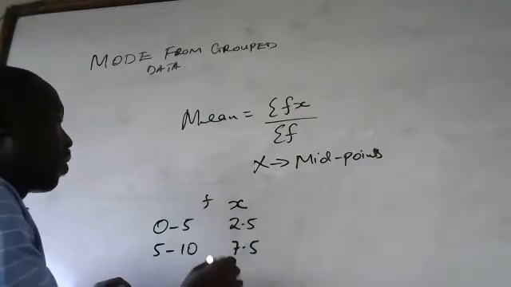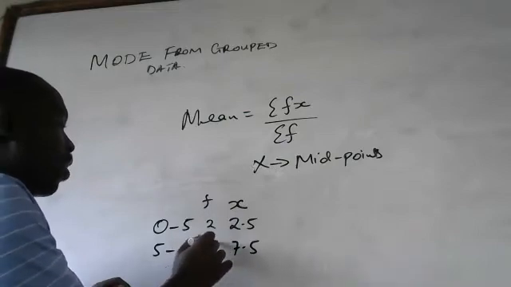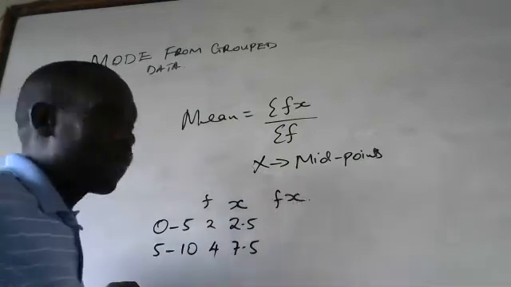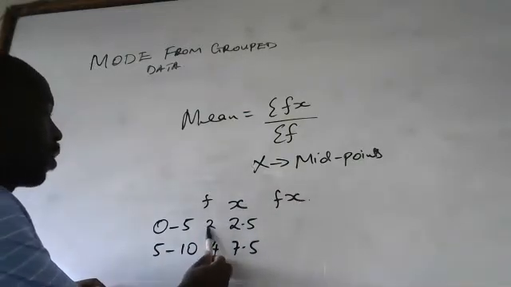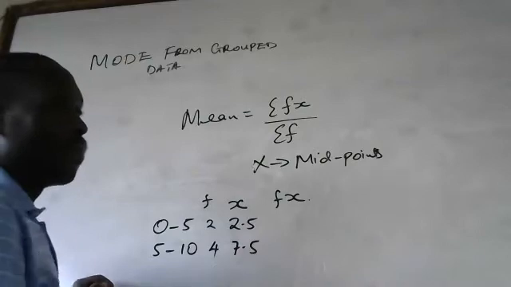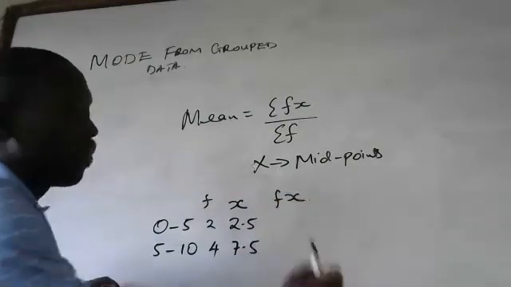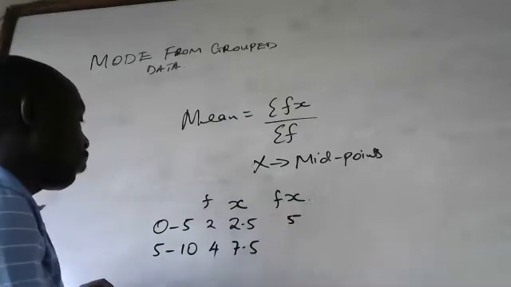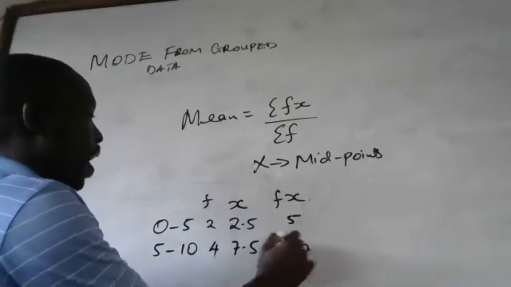And then the frequency will be given, maybe this is 2, this is 4, like that. Then you get your fx, which is simply the frequency of that class times the midpoint of that class. In this case, this one will be 5, this one will be 30.